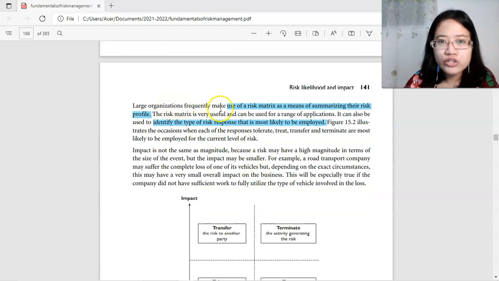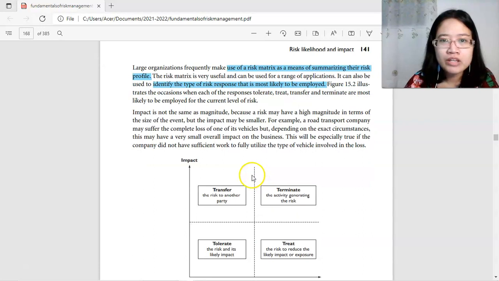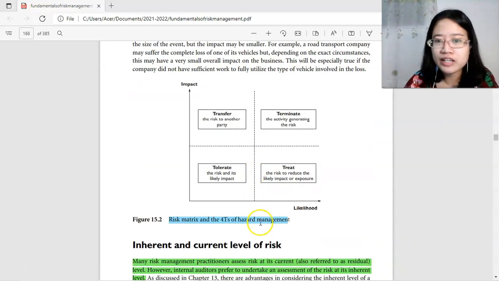Large organizations frequently use the risk matrix as a means of summarizing their risk profile. It is also used to identify the type of risk response that is most likely to be employed. Okay. So again, here is the risk matrix again, together with the 4 T's of hazard management.